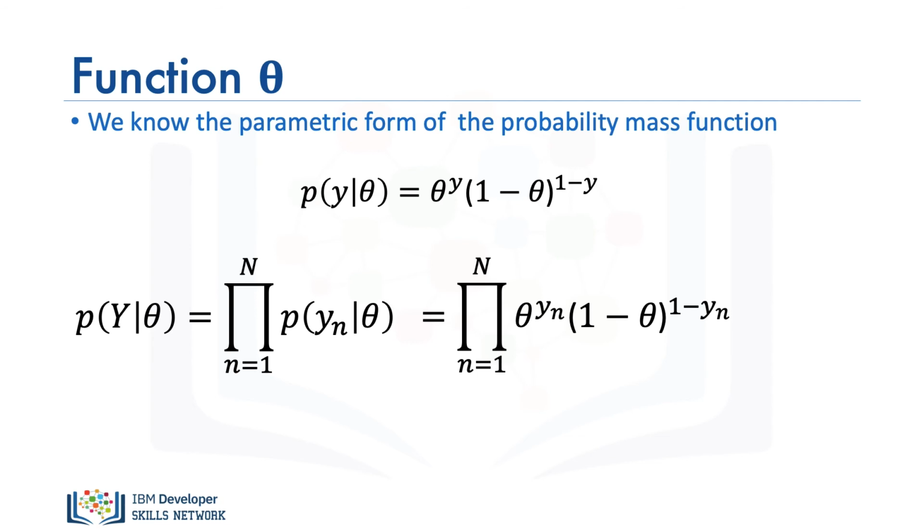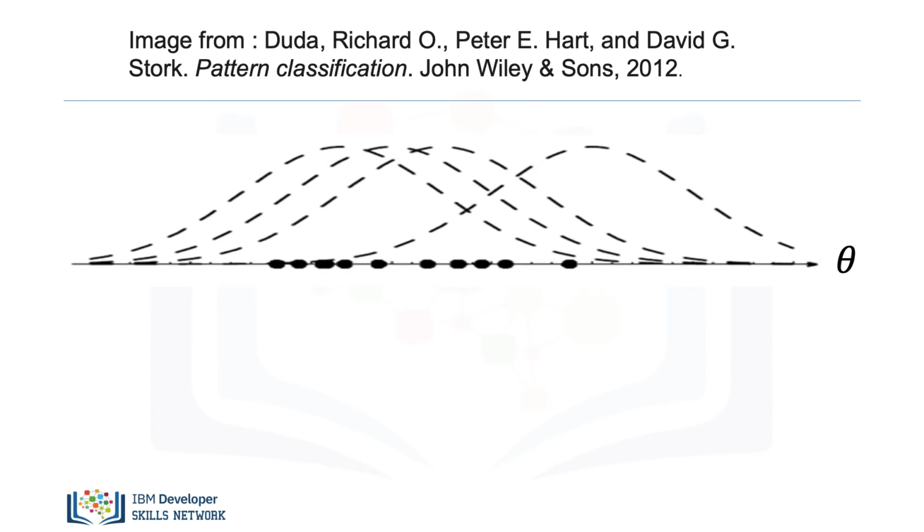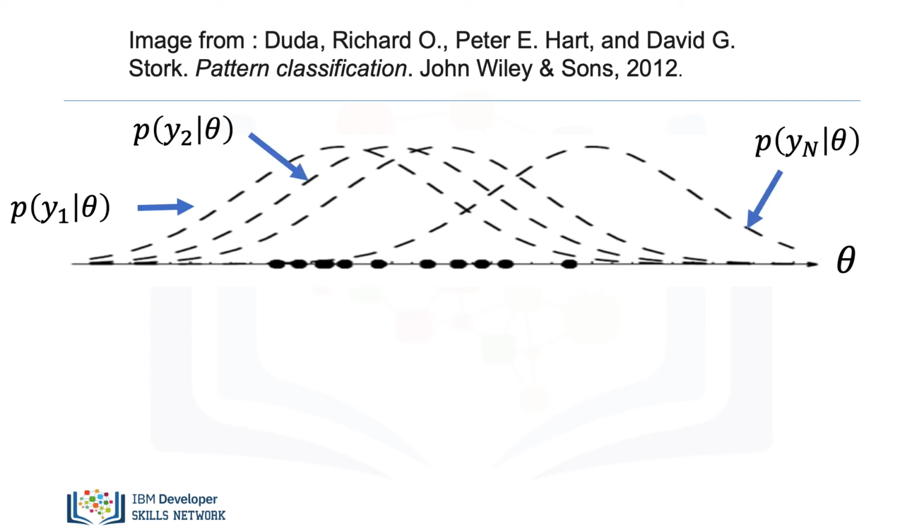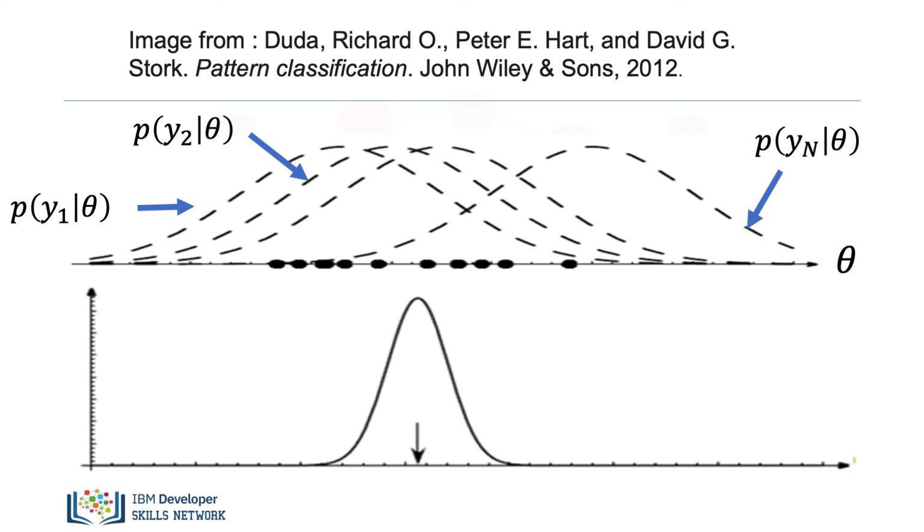Thus, our goal is to find a value of theta that maximizes this function. It is helpful to visualize as follows. Each of the individual probabilities is a mathematical function. Multiplied together, the likelihood function is represented by the overlapping values, and the goal is to find the value of the parameter that maximizes this expression.